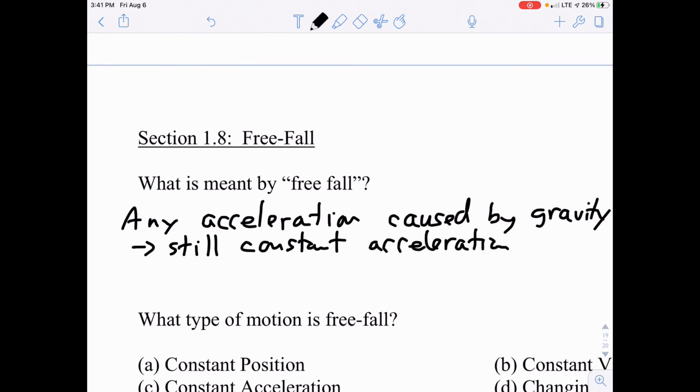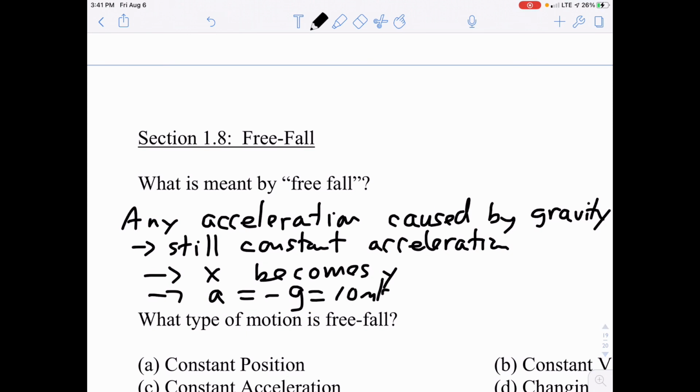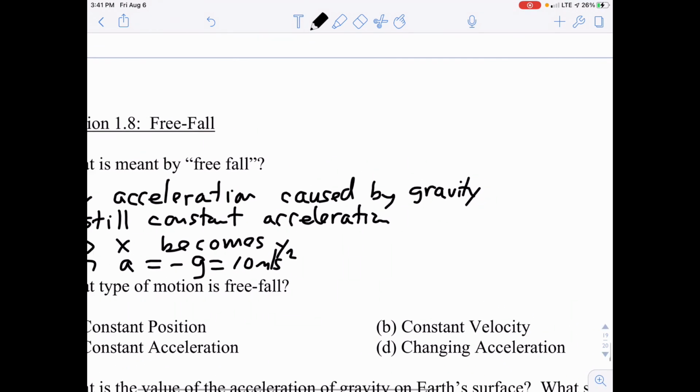Which means variable-wise, your x's become y's. All your x's will translate to y's. And your acceleration becomes negative g, which we're going to put in as 10 meters per second squared. So equation-wise, here's what we do.